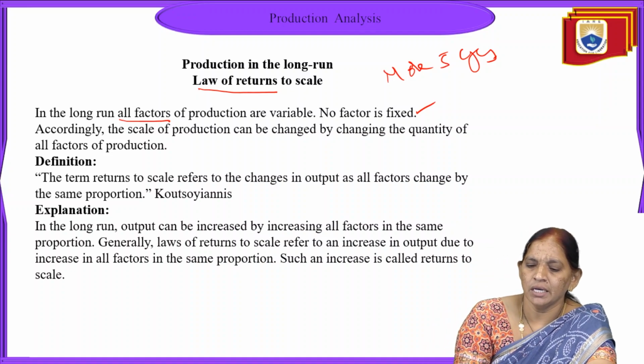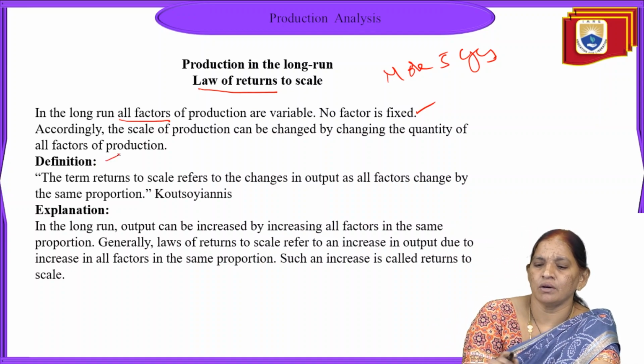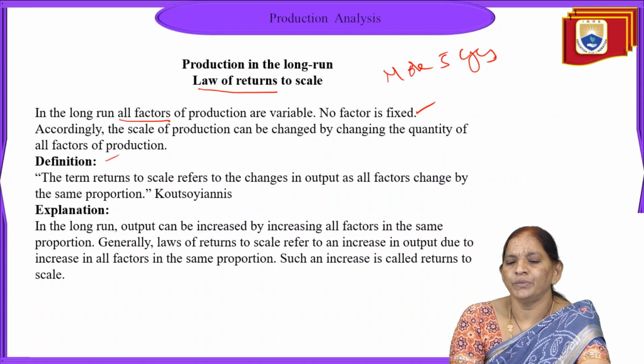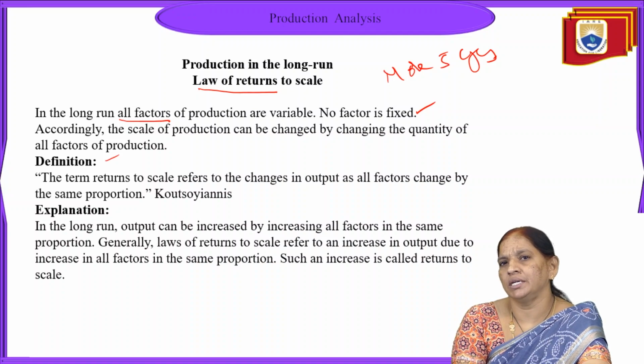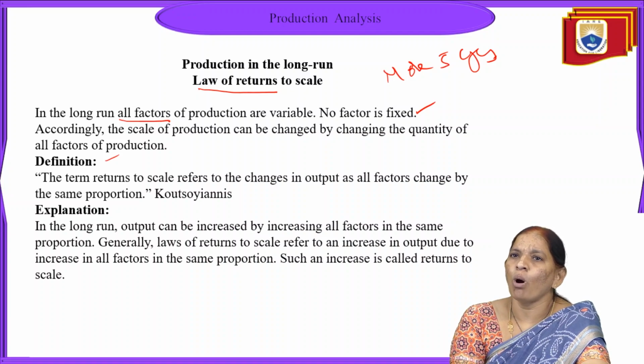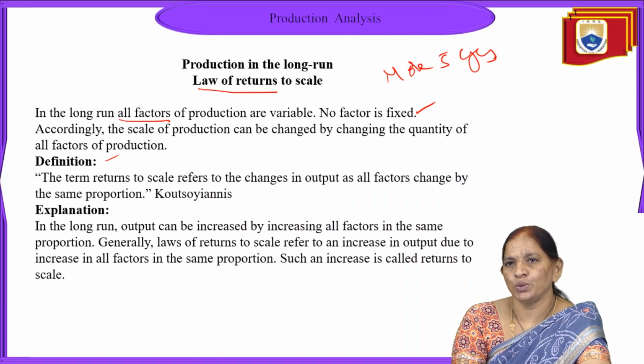First we'll see the definition of the long run production function given by Cartesians: the term returns to scale refers to the changes in output as all factors change by the same proportion.